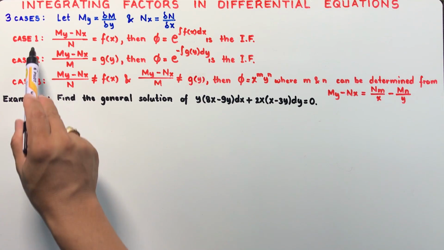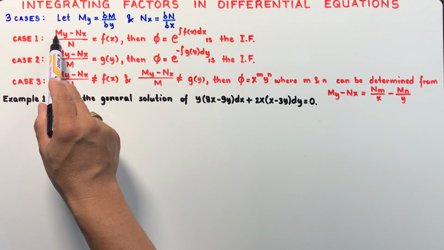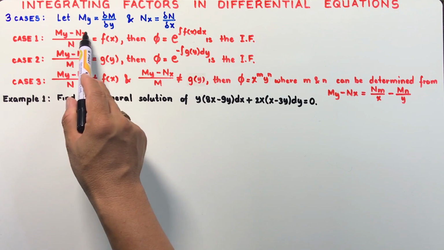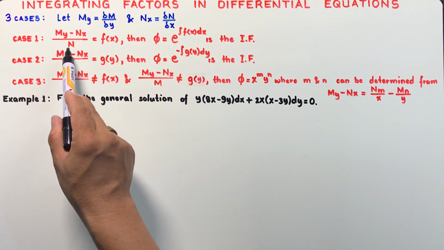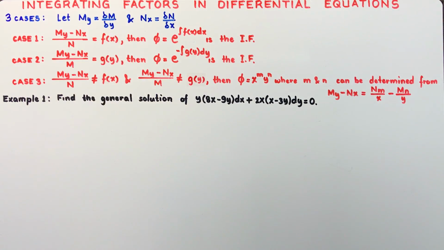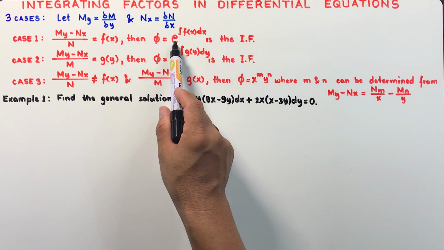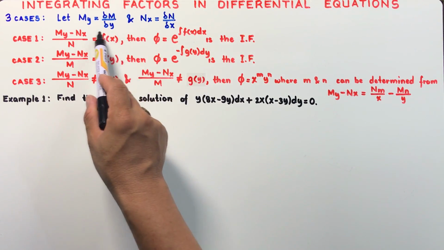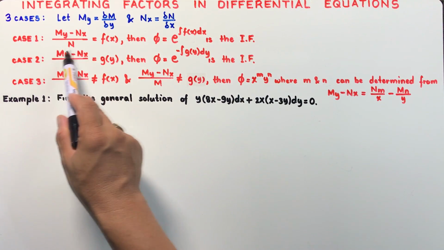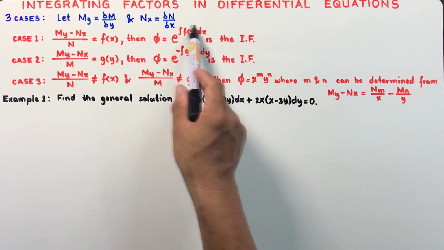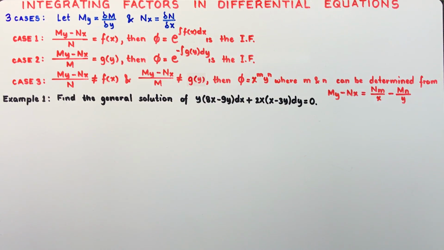Then case 1 states that if the partial derivative of M with respect to y minus the partial derivative of N with respect to x, when divided by N, is a function of x alone, then our integrating factor is e raised to the integral of f of x dx. And this resulting expression is our integrating factor.